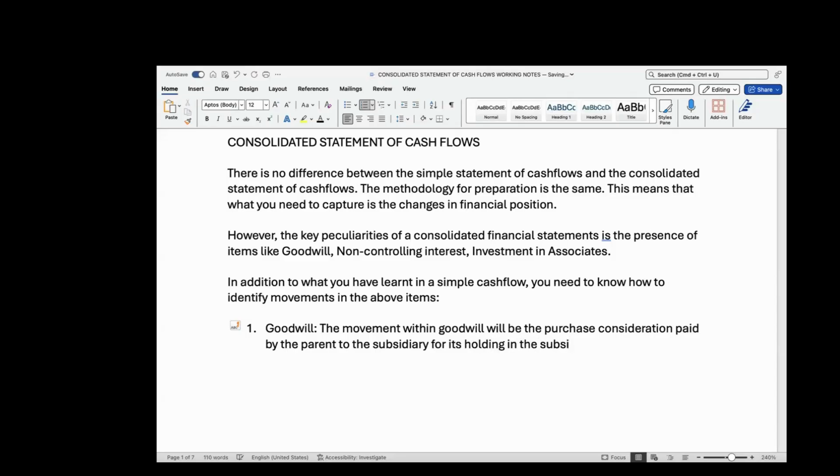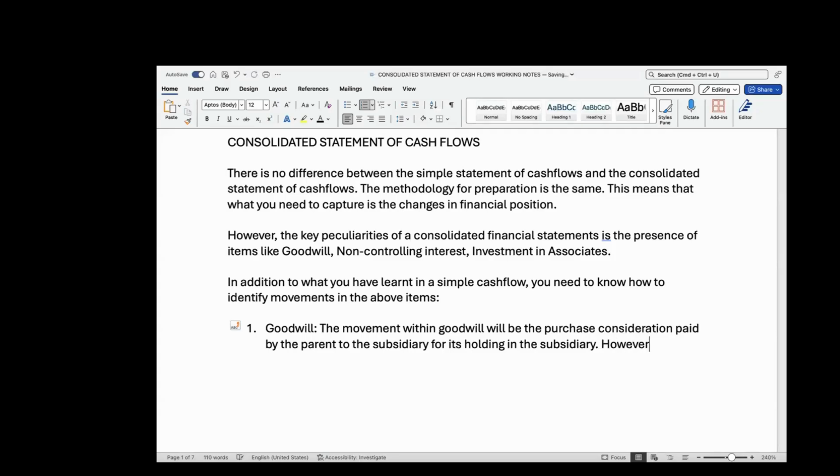Remember that the way we determine goodwill is by canceling out your purchase consideration against the net assets acquired of the subsidiary. So when you unbundle this goodwill, there is a cash element inside, and that cash element is really that purchase consideration paid by the parent to the subsidiary.